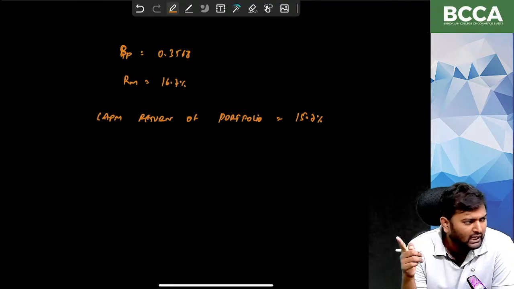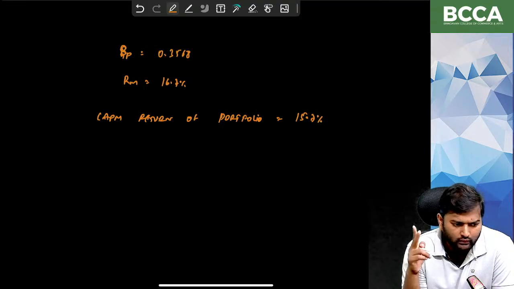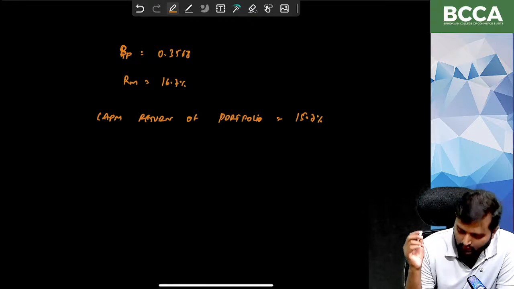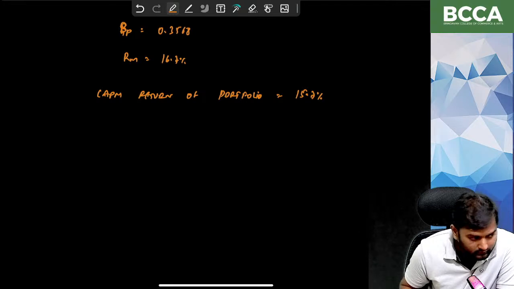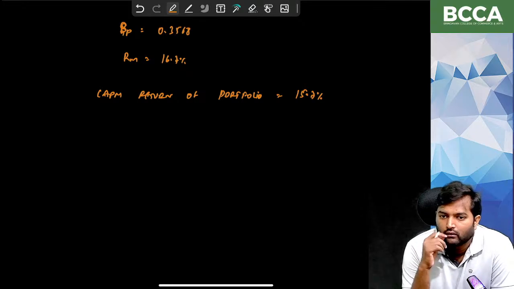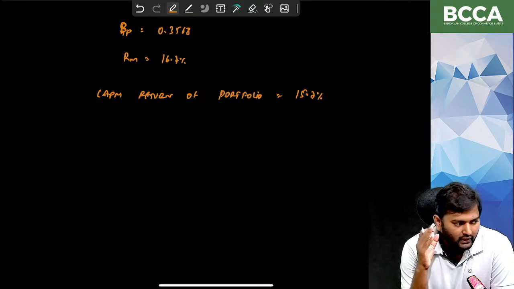Now we know the CAPM return. We have an idea about the beta of a portfolio and we have a market return. Now we can find out RF. We have to find out missing figures.